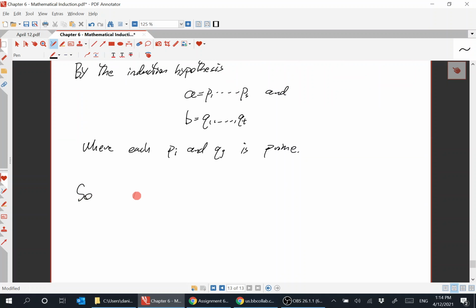So n plus 1 is equal to A times B, which is P1 to Ps times Q1 to Qt, which is a product of primes. Okay, so that's the first example.